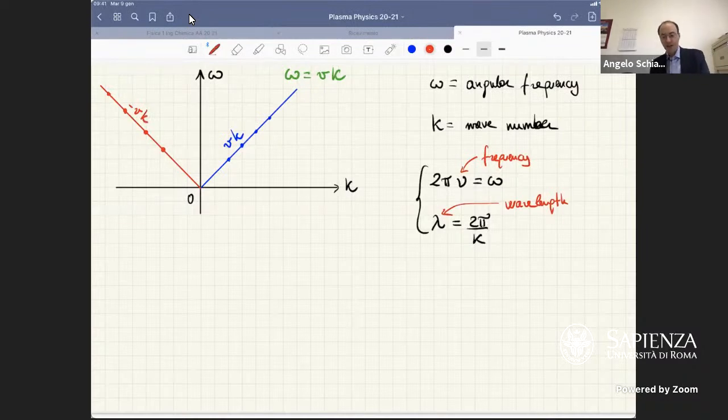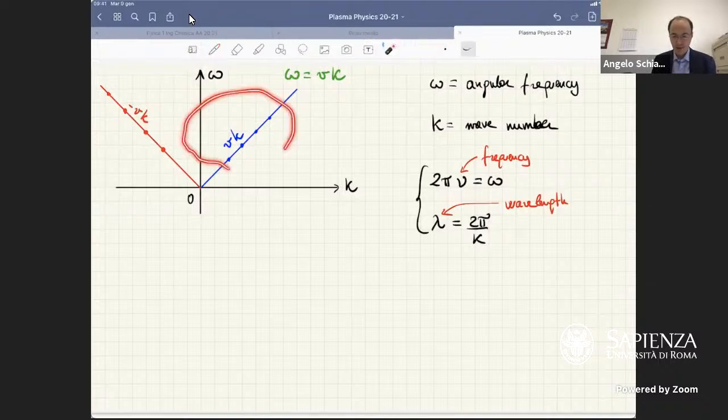So what is the dispersion relation telling us? It's telling us that in this plane, not all values of omega are solutions to the wave equation, but only one for every k. It is a single-valued function, as you can see. For any k, the corresponding omega is vk on one side. If k is negative, it is minus vk on the other side.